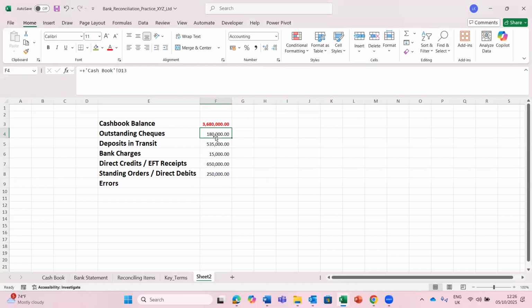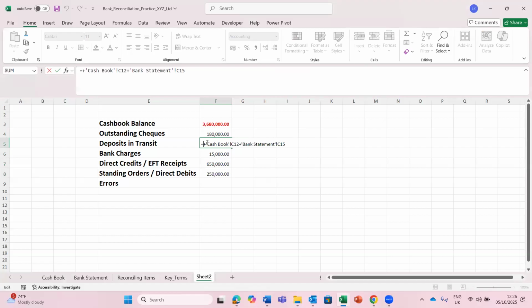We add it. Then we have deposits in transit. So for deposits in transit, it means to this balance we added. So we credit. So what do we do? Deposits in transit.